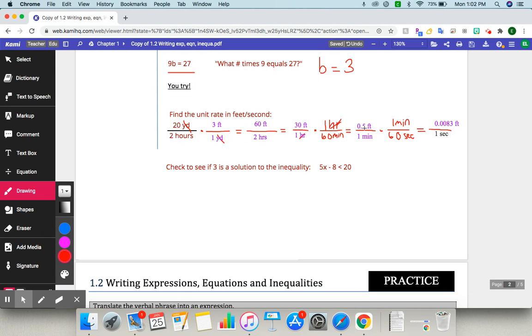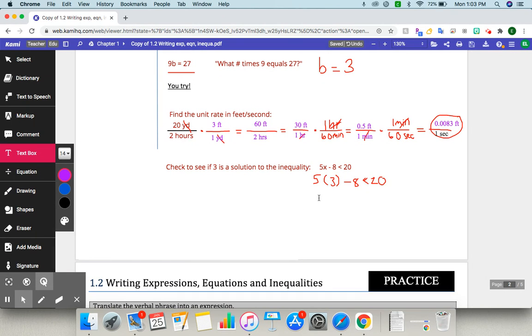And I got 0.5 feet for every 1 minute. And again, I converted minutes to seconds by multiplying by the ratio of 1 minute for every 60 seconds. And in the end, I got a speed of 0.0083 feet per 1 second. I might also say that that is 83 ten-thousandths feet per second.